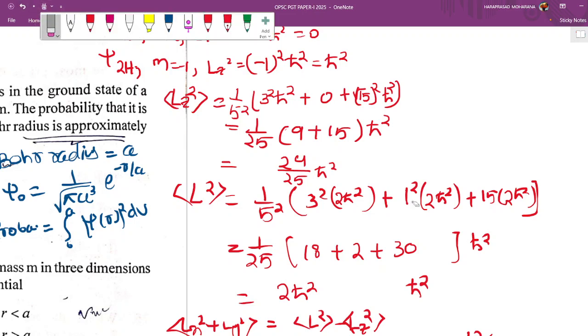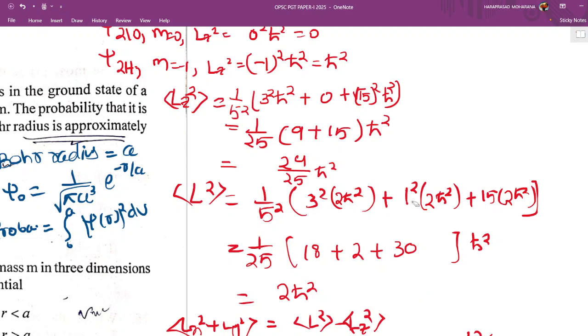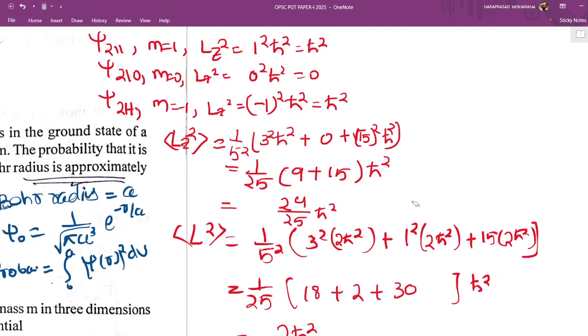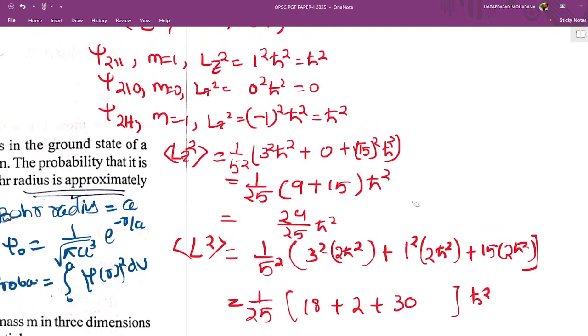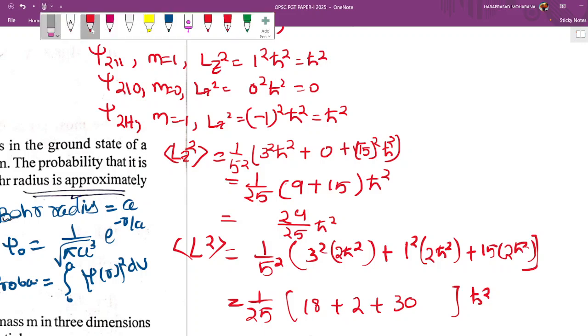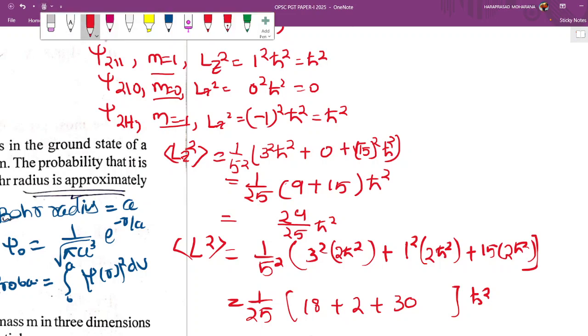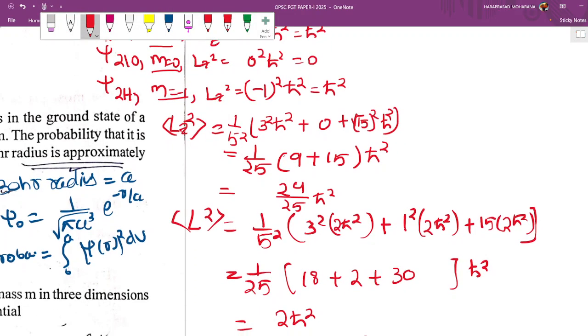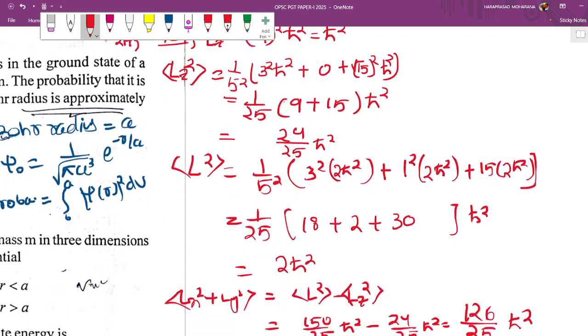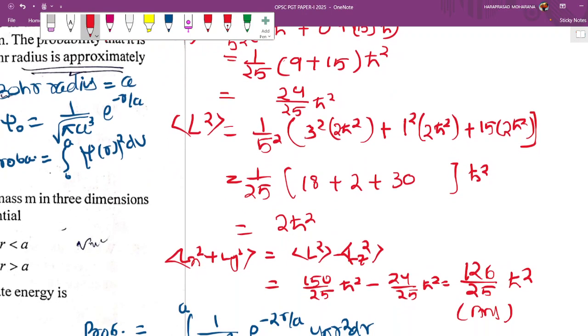Then what about the Lz square? I think there is no problem with Lz square. We have different values for m: 1, 0 and minus 1. So I just have to put it there. There is no mistake in Lz square, only the mistake was in L square.